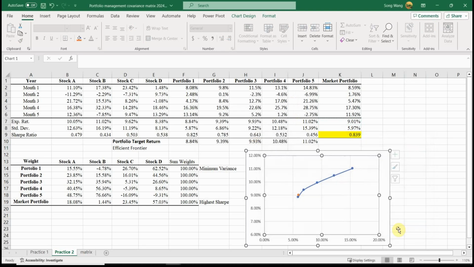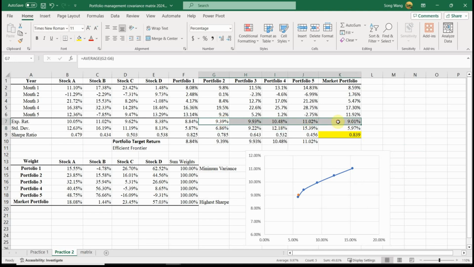You can see the market portfolio is on the efficient frontier as well, because that's also the best portfolio at a given return, and this return is 9.01%. It's not even listed here, but the market portfolio is another good choice for you.